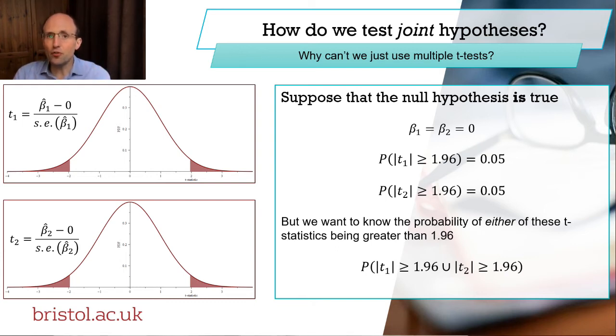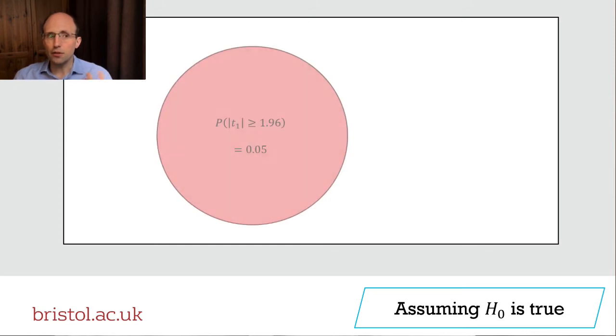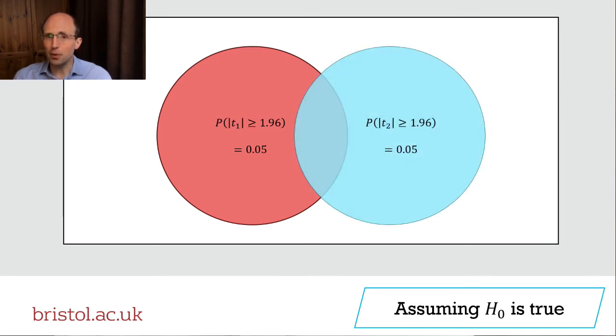So in other words, we're wanting to find the probability of the magnitude of our t-statistic on beta 1 being greater than or equal to 1.96, or the magnitude of our t-statistic on beta 2 being greater than or equal to 1.96. Now, we know that 5% of the time, if beta 1 is equal to 0, we'll get a t-statistic on beta 1 greater than or equal to 1.96. Similarly, 5% of the time, if beta 2 is equal to 0, we'll get a t-statistic with magnitude greater than 1.96.